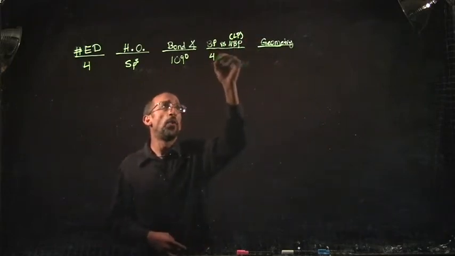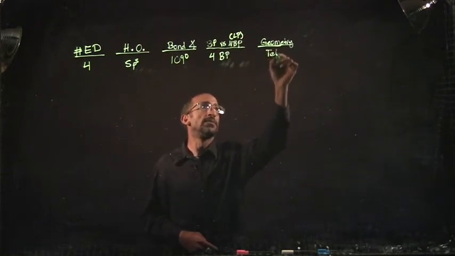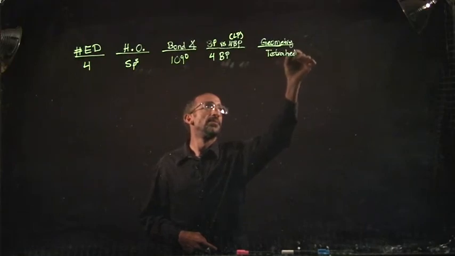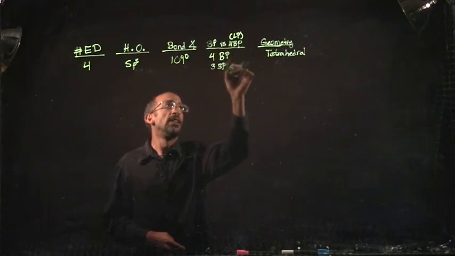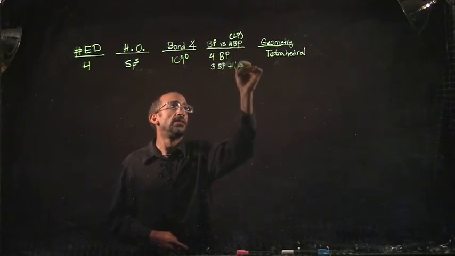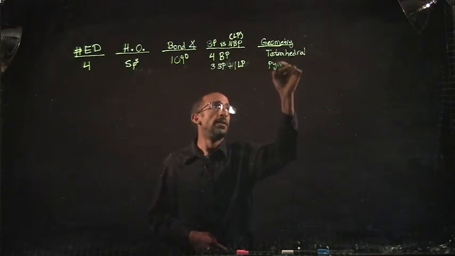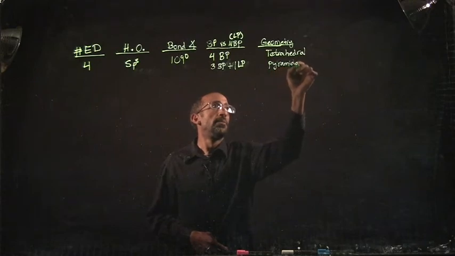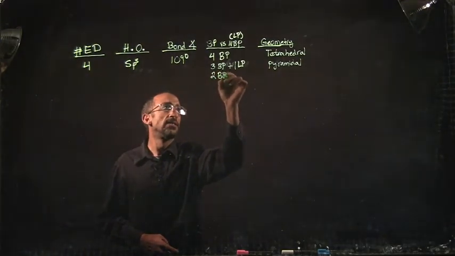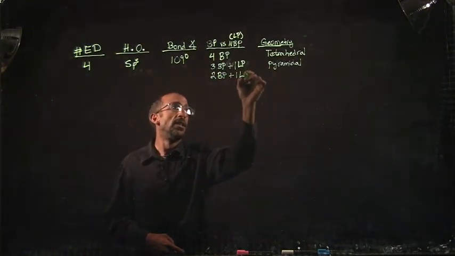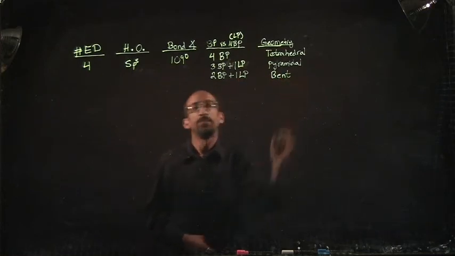So if we have 4 bonding pairs, we are tetrahedral. If we have 3 bonding pairs and 1 lone pair, we are pyramidal. If we have 2 bonding pairs and 1 lone pair, we are bent.